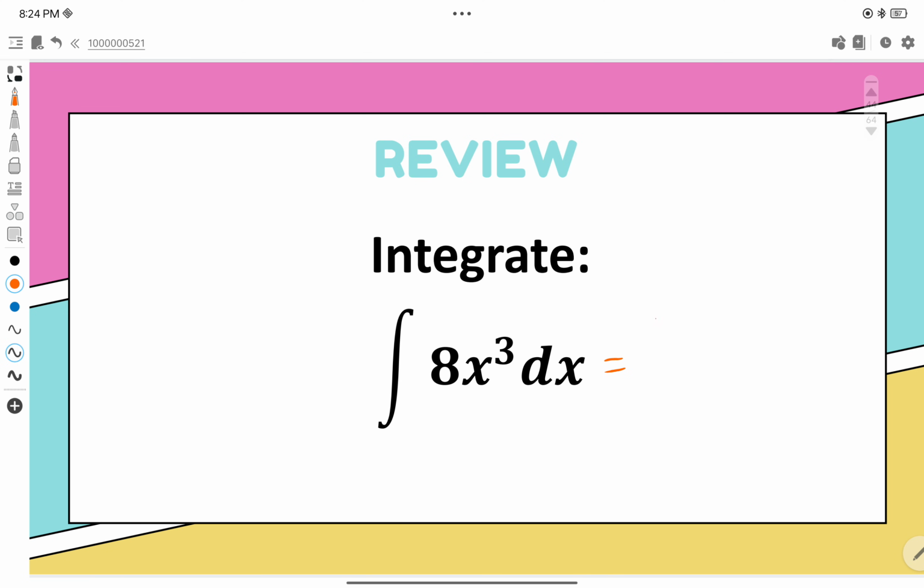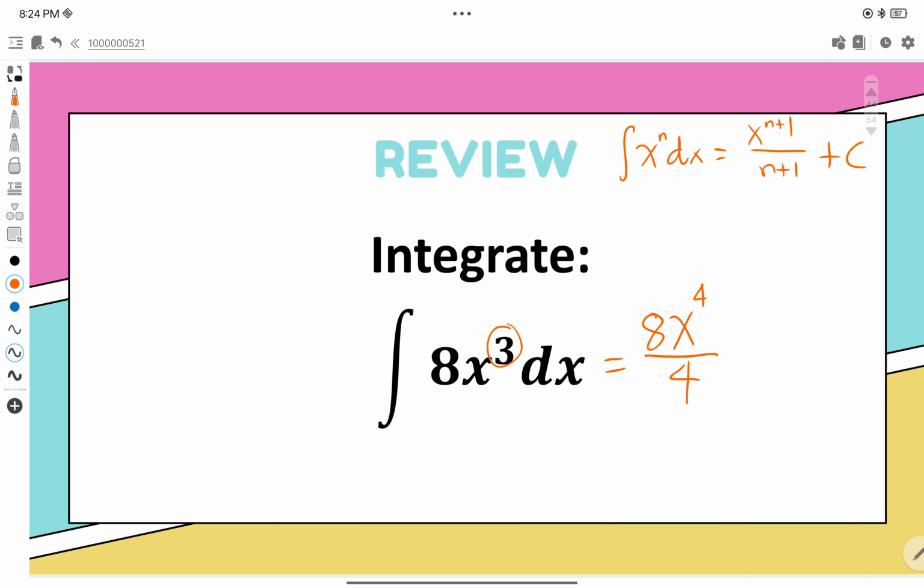So the antiderivative is 8x to the 4. Why 4? Because it's 3 plus 1 over 4. The denominator is exactly the exponent of the function because according to the law, we have x to the n plus 1 over n plus 1. By the way, we derived this in class.